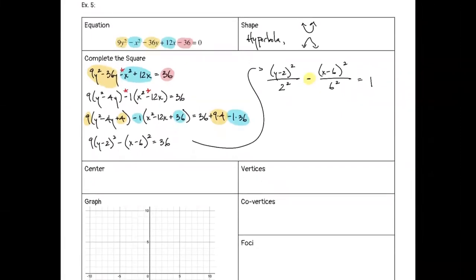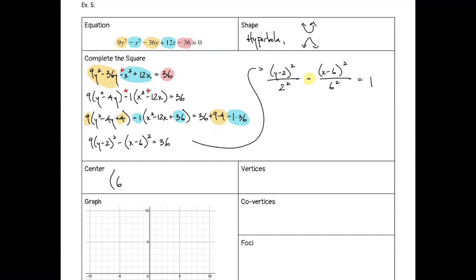All right, let's find that center point. What do we have, and listen to this question carefully, what do we have as the x coordinate of the center? Yes, very nice job.